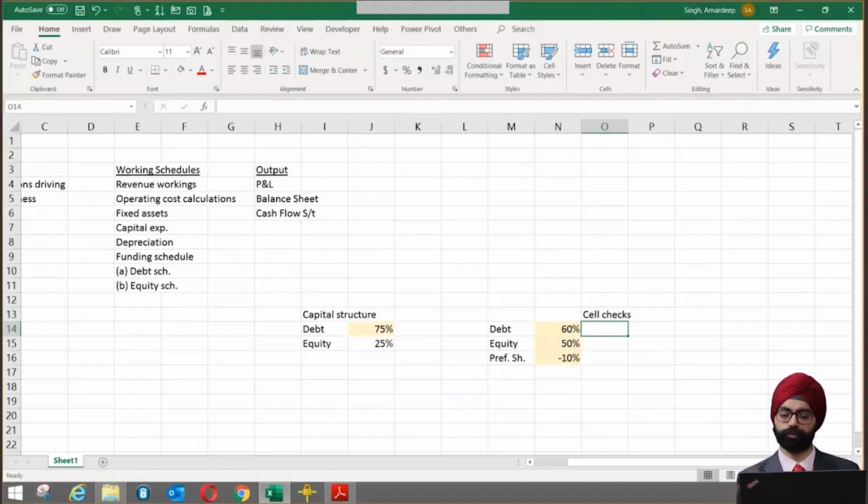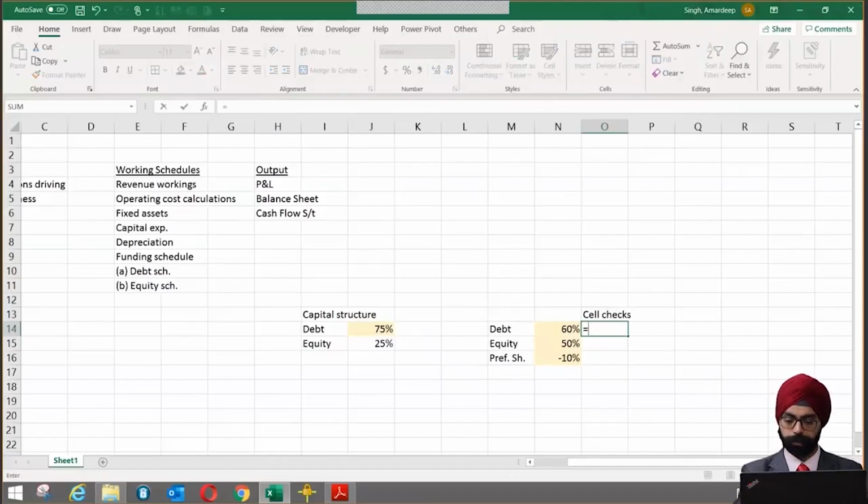So I want to put these two checks for debt and similarly these two checks for equity. So I'll put check number 1, that this number should be greater than or equal to 0. Whatever input the user will provide, I want to say that it needs to be greater than or equal to 0, comma.